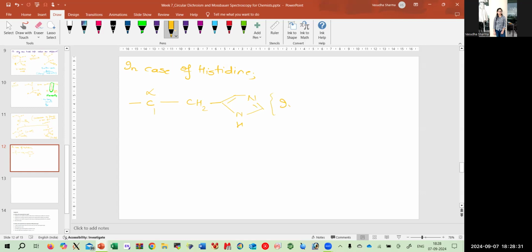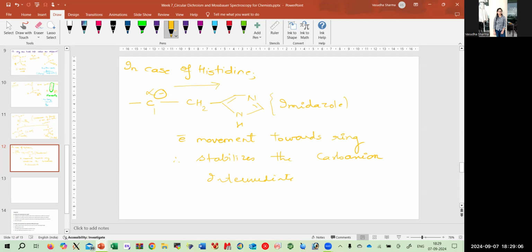This imidazole, so what really happens is electron movement, that lone pair movement, happens towards the ring, and therefore it stabilizes the carbanion intermediate, because whatever the carbanion is being formed over here would go onto this ring.